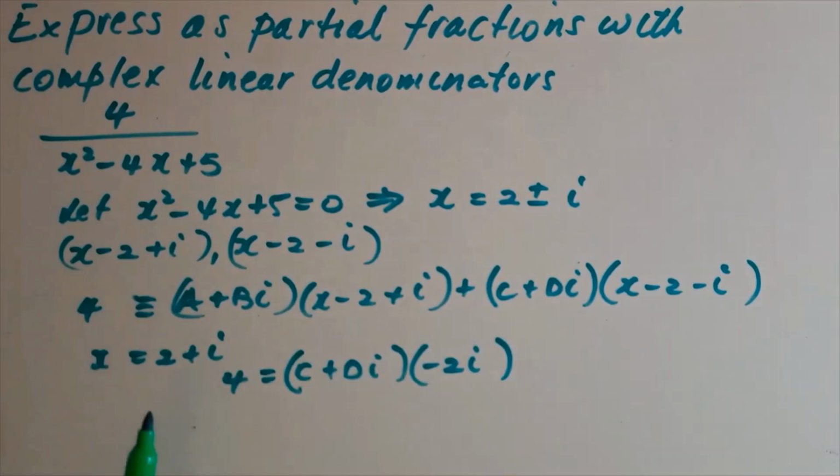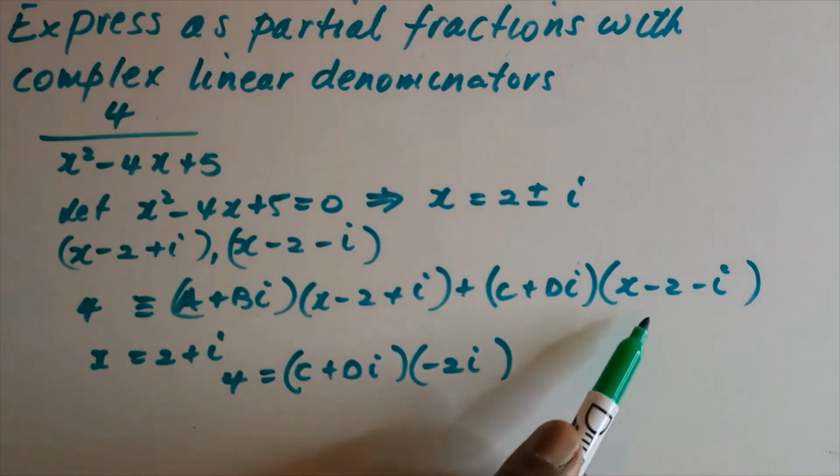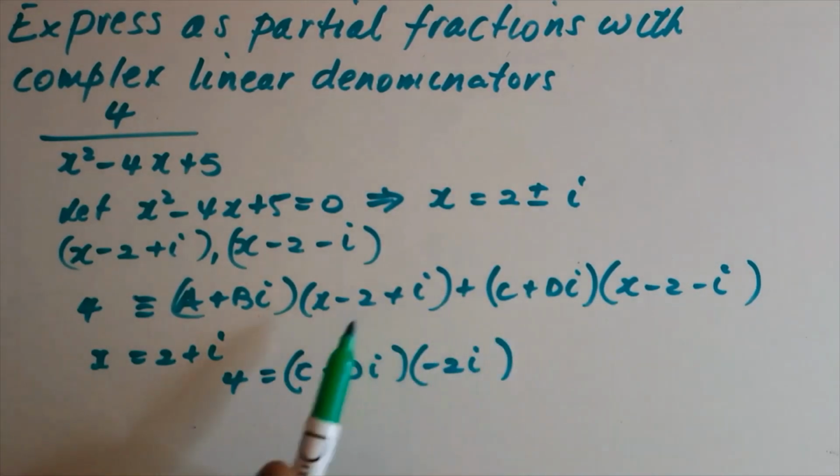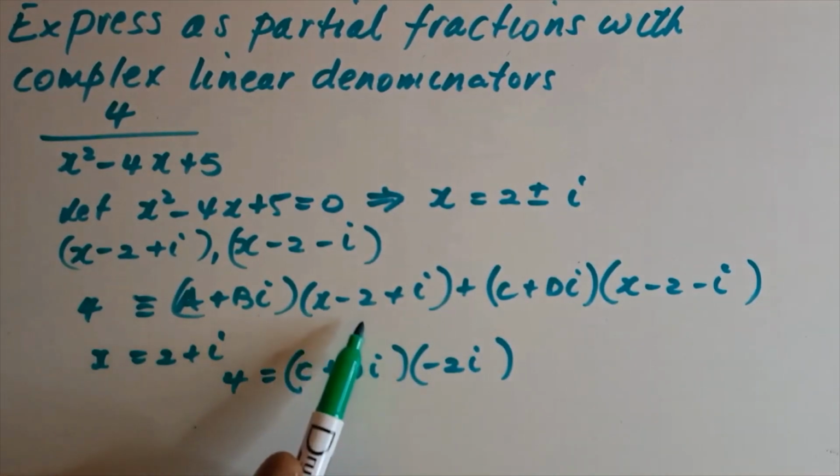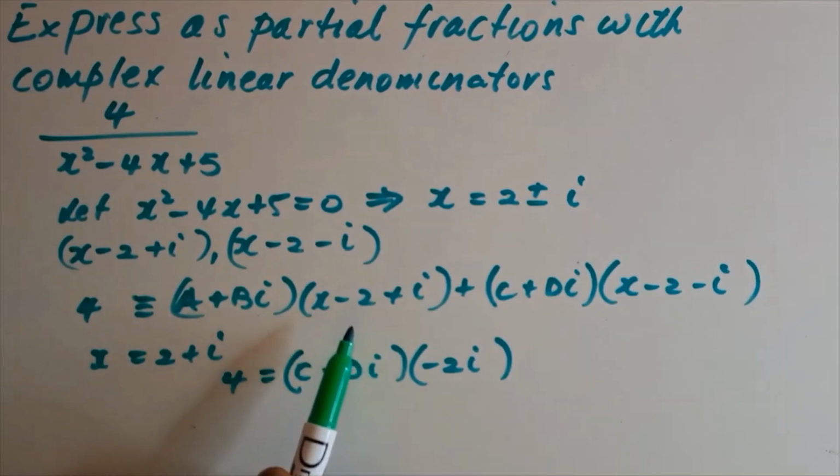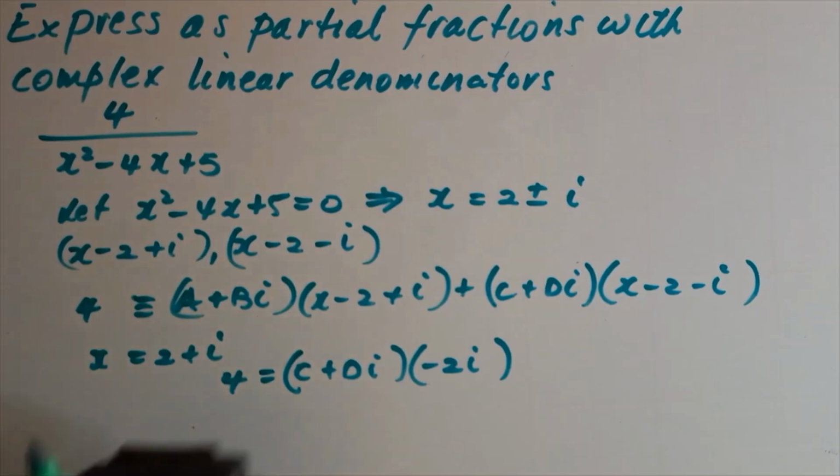So what I've done is substituted x is 2 + i in both here and here. In this case, it cancels. Is that correct? Sorry, I made a mistake. It's 2 minus i here.